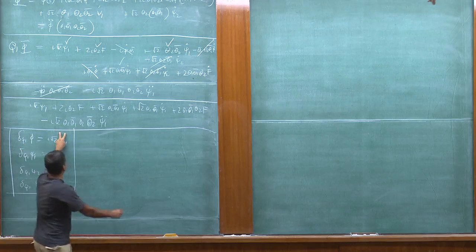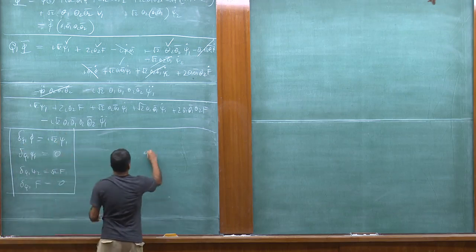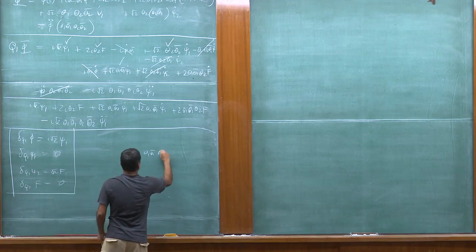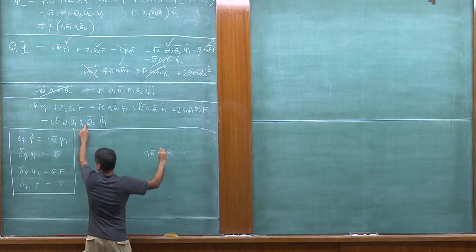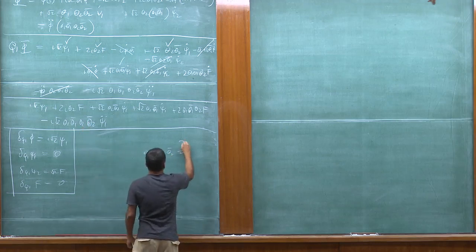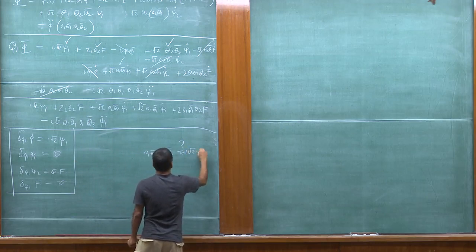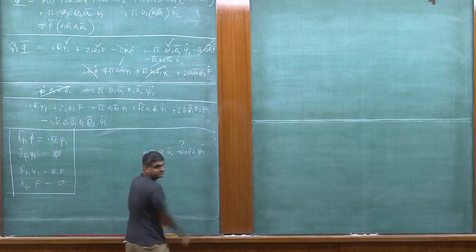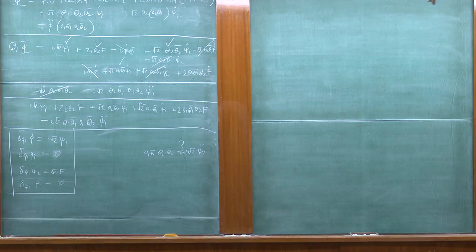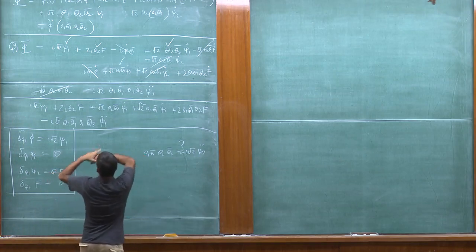So the prediction is that the term which is theta 1 bar, theta 2 bar in this expression should be equal to I square root 2 psi 1 double dot. Oh, but with a minus sign. Right? Because it came with a minus sign.